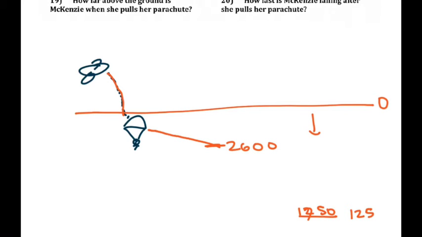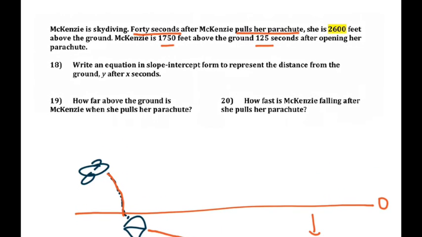So, question, can you write ordered pairs reflecting what Mackenzie is doing? We've got 2 points in time, so write 2 ordered pairs. You need to think about which one is the input, which one is the output.